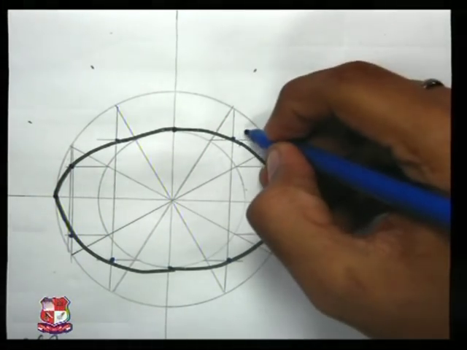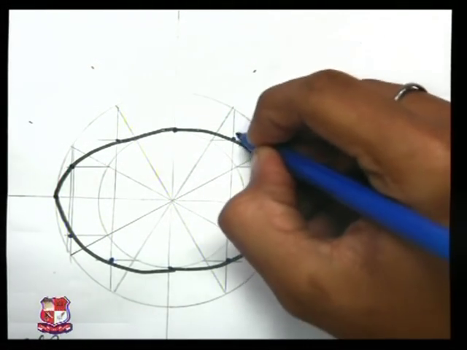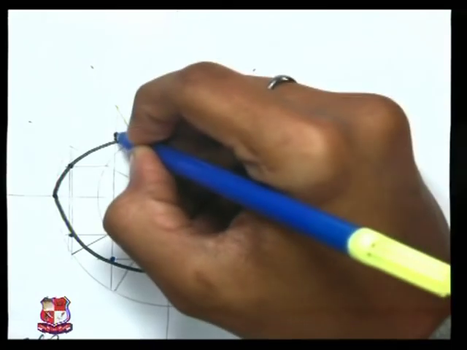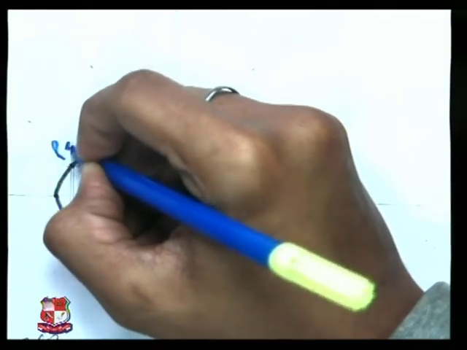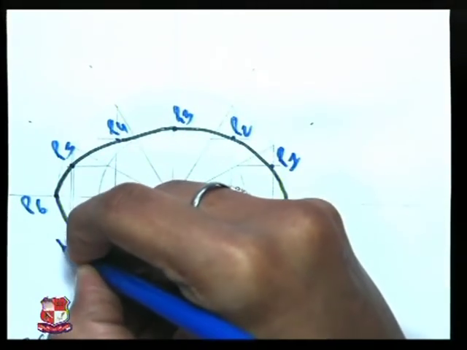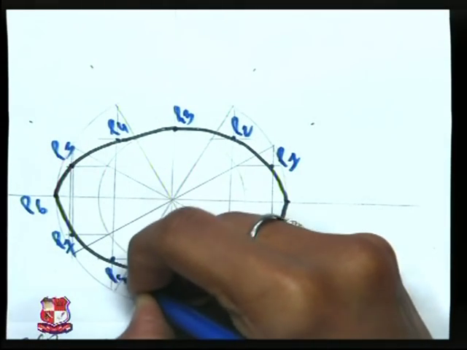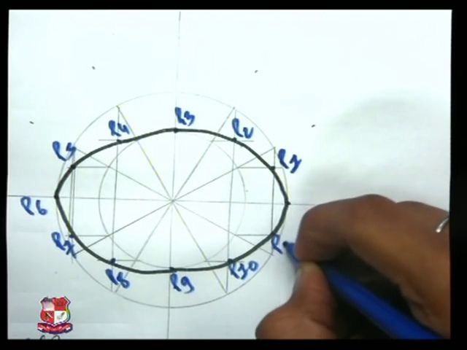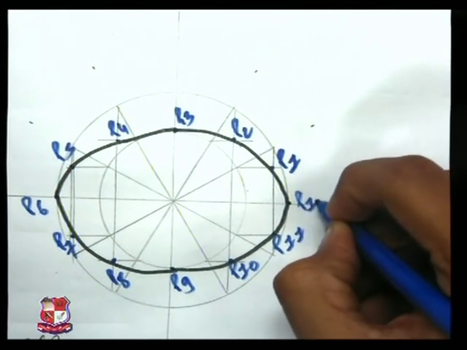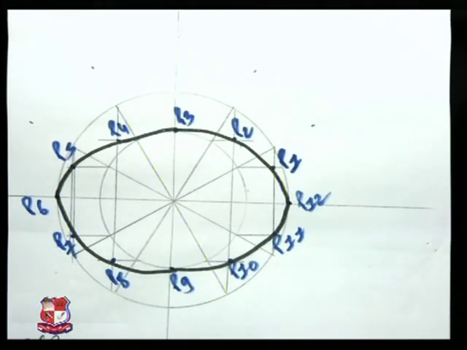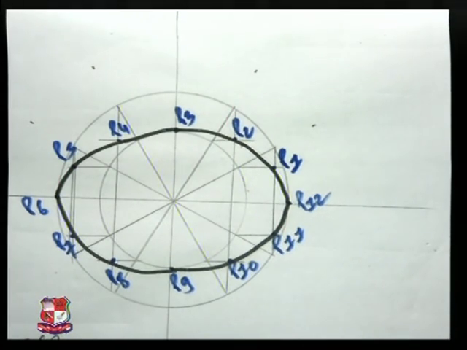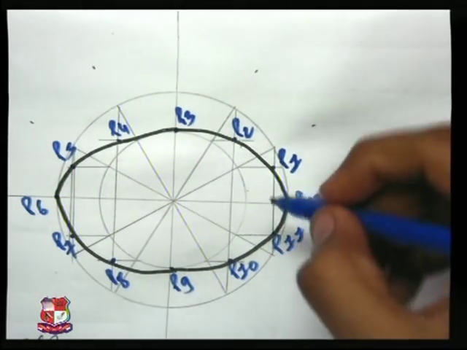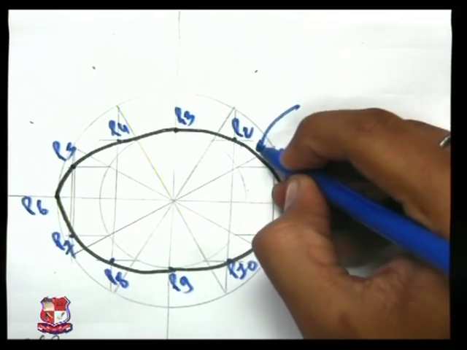Give the nomenclature to the same: P1, P2, P3, P4, P5, P6, P7, P8, P9, P10, P11 and P12. We have divided the circle into 12 equal parts, so total points we have achieved is 12.